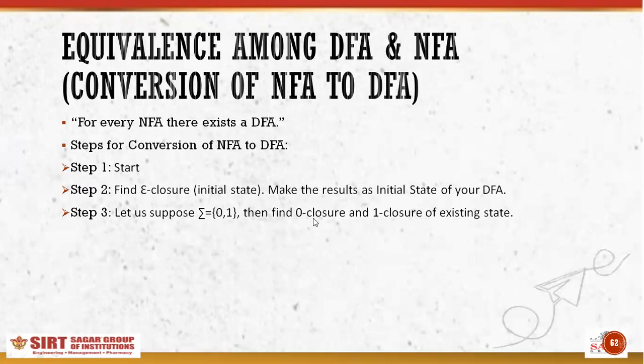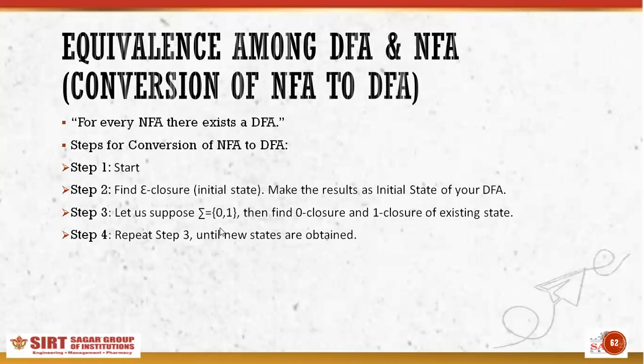By 0 closure I mean: on giving 0 to that existing state, what are the possibilities of transition, that is, which states can we reach. And by 1 closure, I mean: on giving 1 to that particular state, what are the possible transitions.